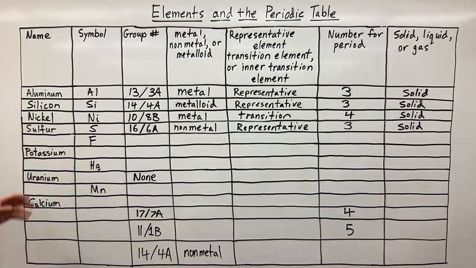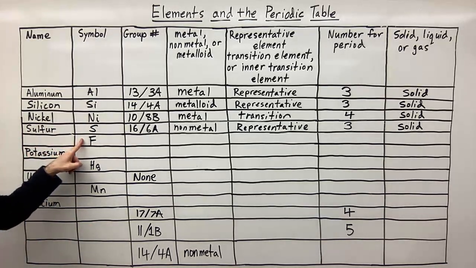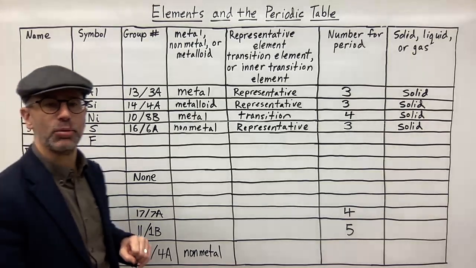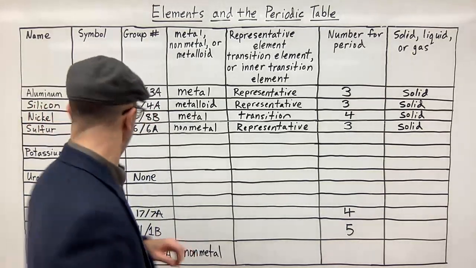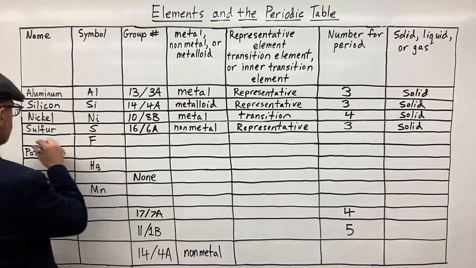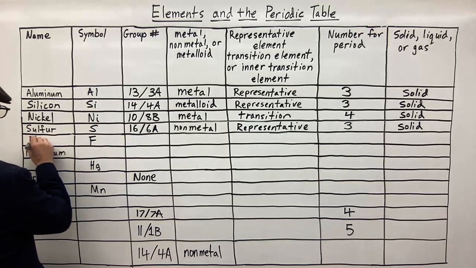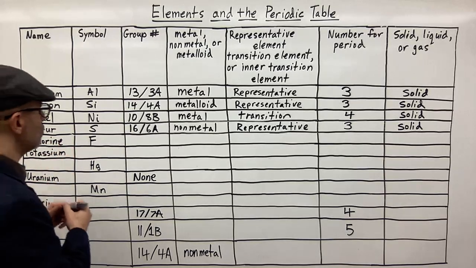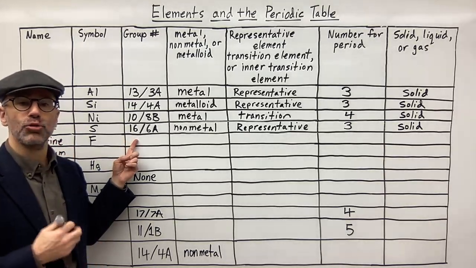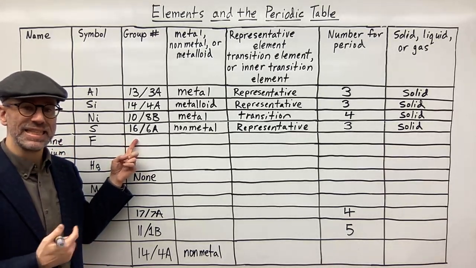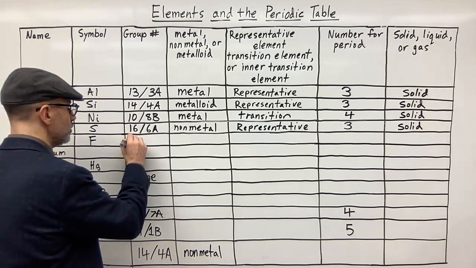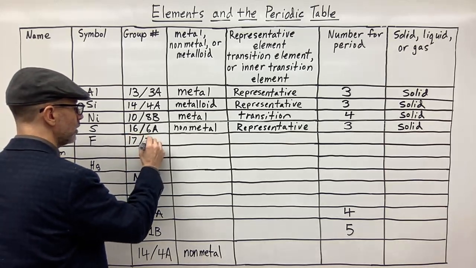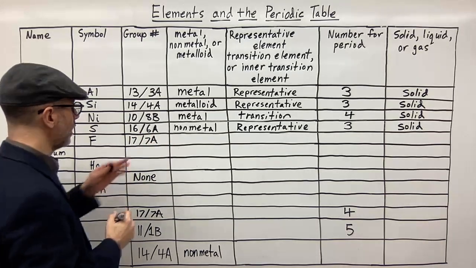Okay. So next we have F. If you find F on the periodic table, that's going to be fluorine. Fluorine is in group 7A or 17. So 17 or 7A.